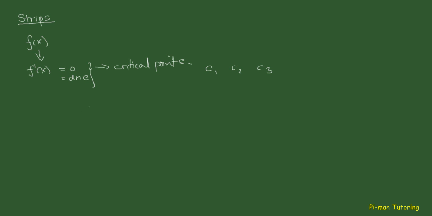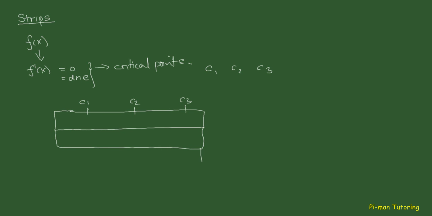Once we have those critical points, we place them on a number line, C1, C2 and C3, and typically we create 3 strips, and each of those strips will be used to indicate the behavior of f of x, f dashed of x, and potentially f double dashed of x if we need it, in order to see what the function is doing.